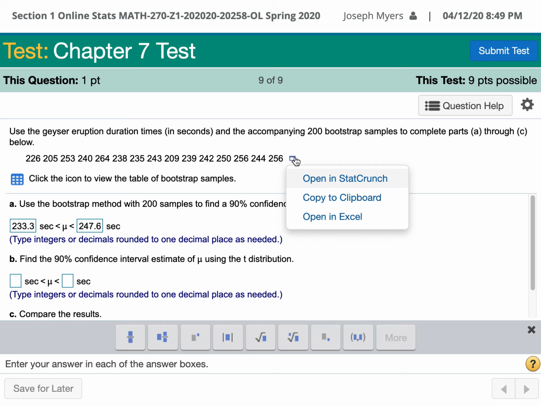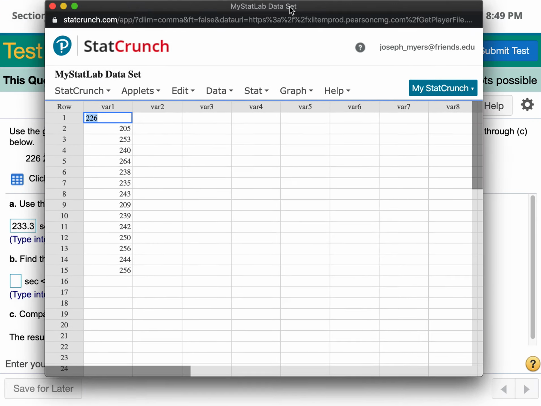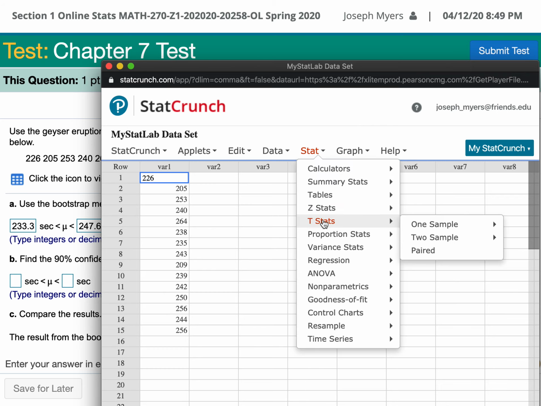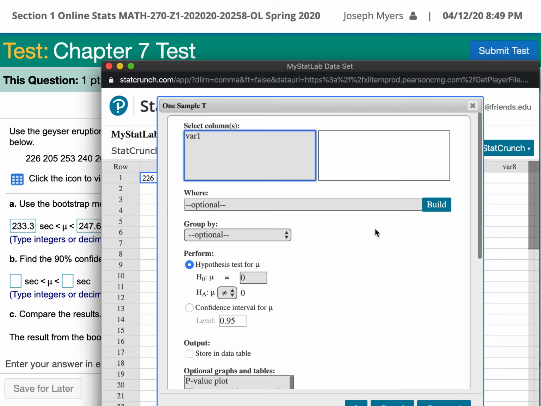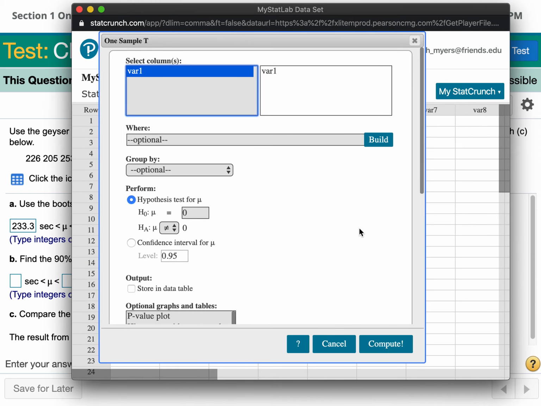So we're going to click on the copy of the table, click Open in StatCrunch, and then we're just going to click on Stats, T-Stats, one sample with data. We're just going to take that one column of data, and we're just going to do a confidence interval for the mean. The level is going to be 90%. Then we're going to click Compute.